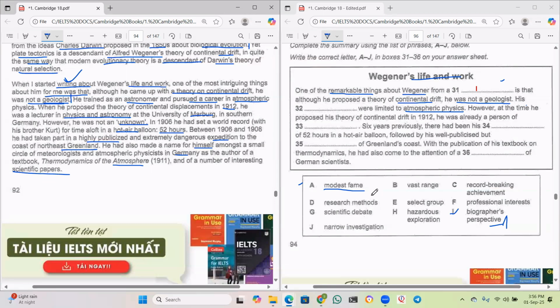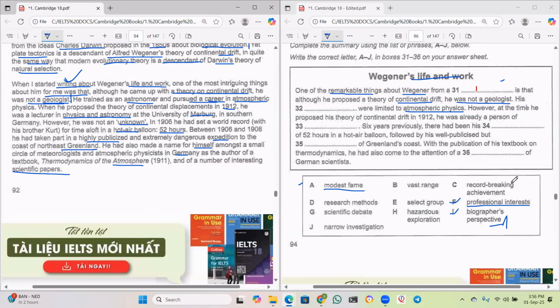Career. Modest fame, no. Vast range, no. Record-breaking achievement, no. Research methods, no. Career is something different. Professional interests, yes. Professional interest and career, these two words are exactly matching.